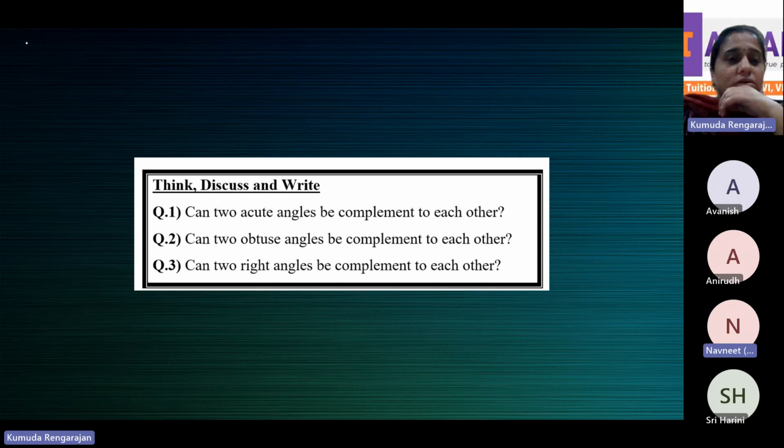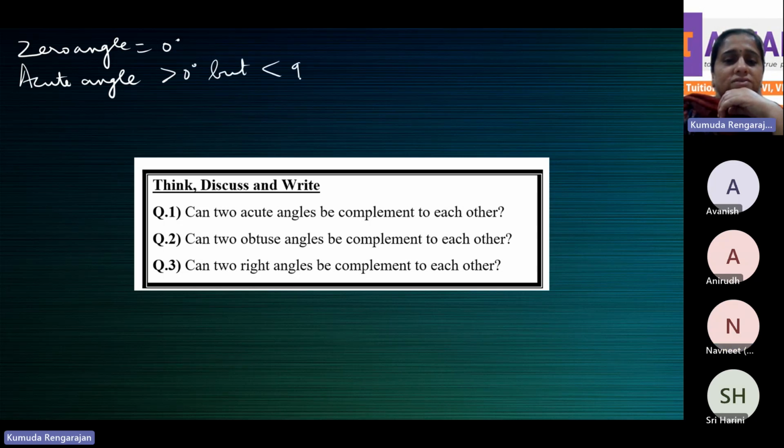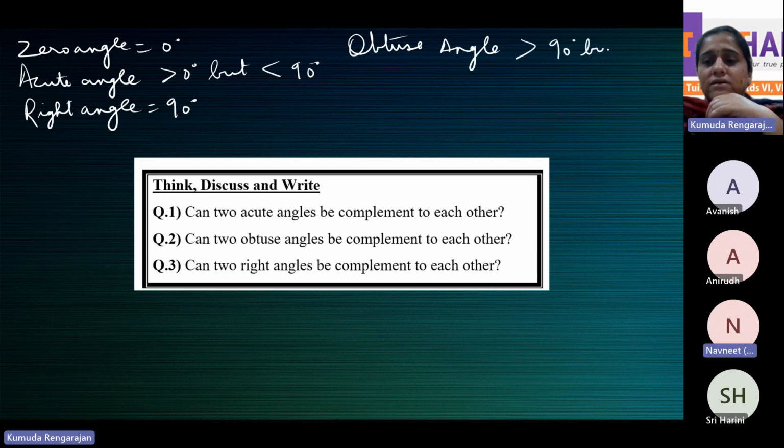Okay, so zero angle is equal to 0 degrees. Acute angle is greater than 0 degrees but less than 90 degrees. Right angle is equal to 90 degrees. Obtuse angle is greater than 90 degrees but less than 180 degrees.